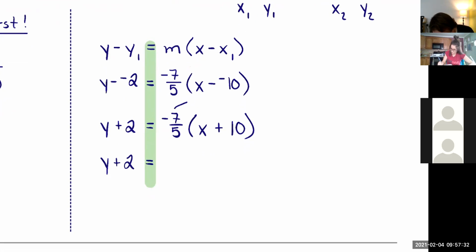I'm going to distribute the -7/5, and that first one's the easy one. You just attach that fraction to that x. The second one requires a little bit of thinking. Again, as a reminder, I'm going to take the 10 times the numerator. So 10 times -7 is -70. What's -70 divided by 5?